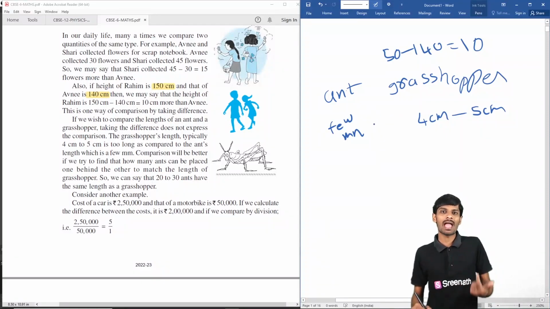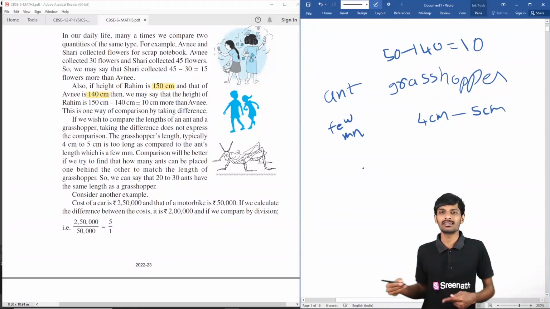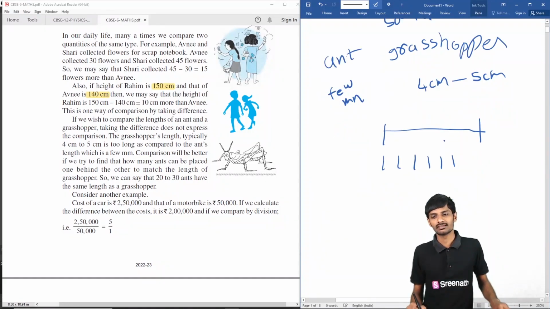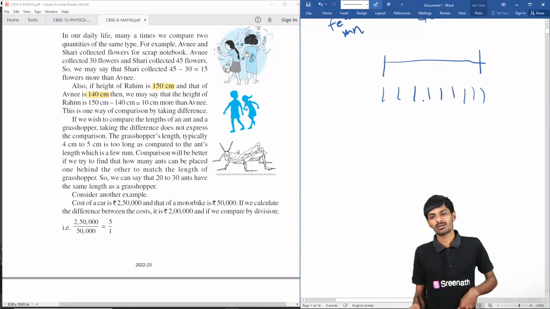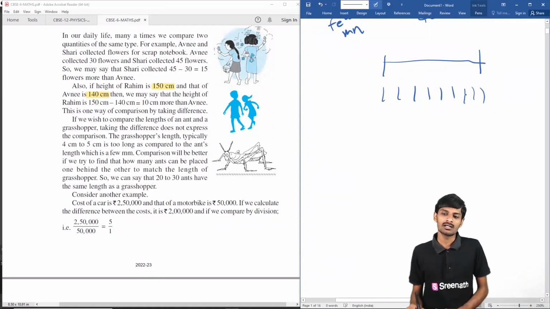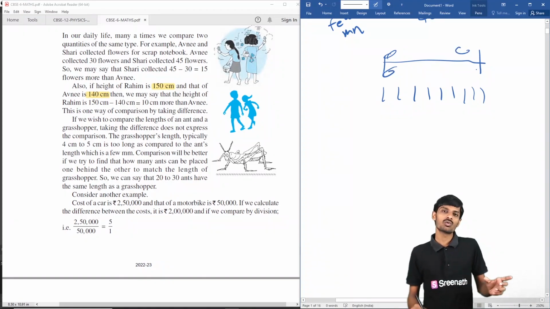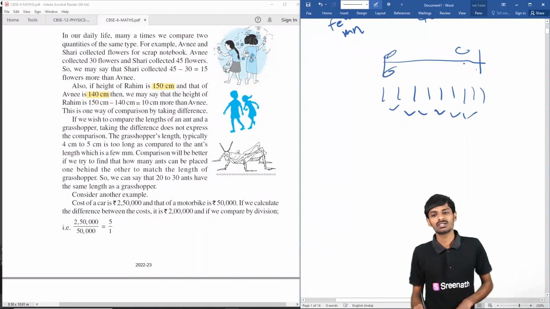Now try to arrange the ants in a line, one behind the other, so that when you put them in line, they equal the length of the grasshopper. Here is the grasshopper, these are the ants. Now how many ants are equal to the grasshopper?